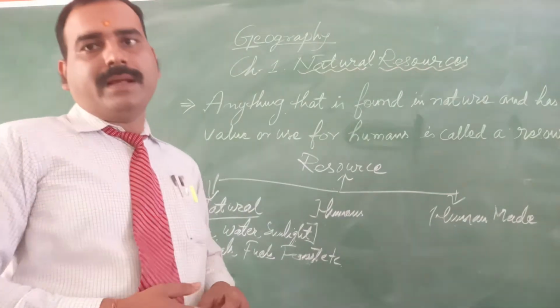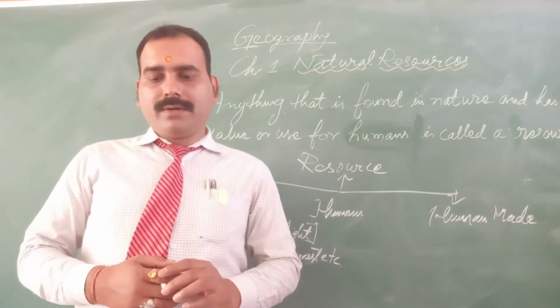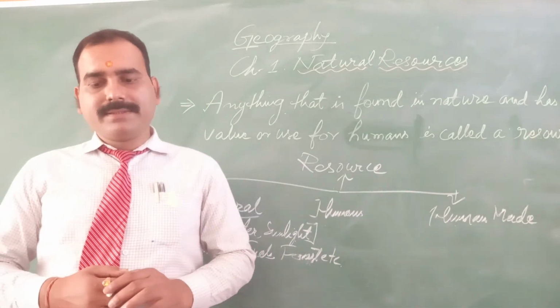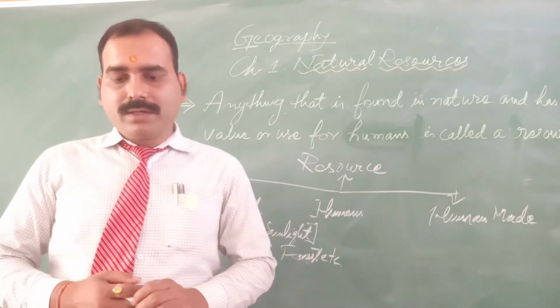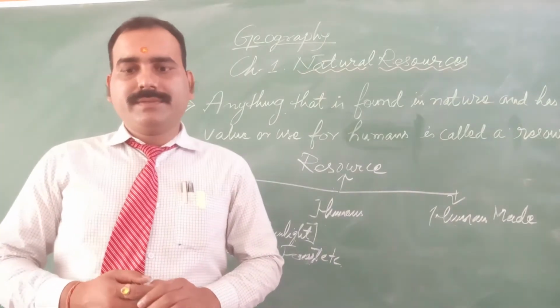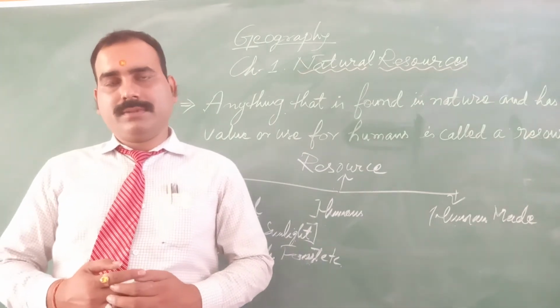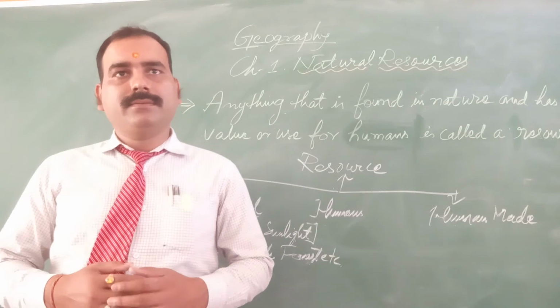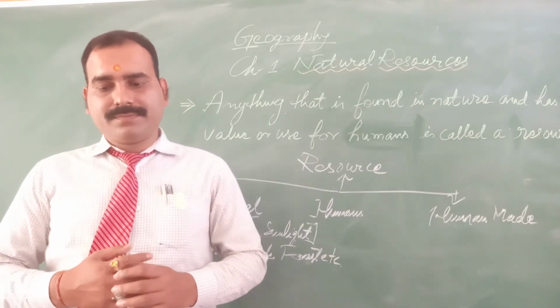As you all know very well, we need water for our daily activities. Besides, plants and factories also need water. So water is a natural resource. Similarly, when we extract minerals from the rocks, such as iron or coal, they become resources.